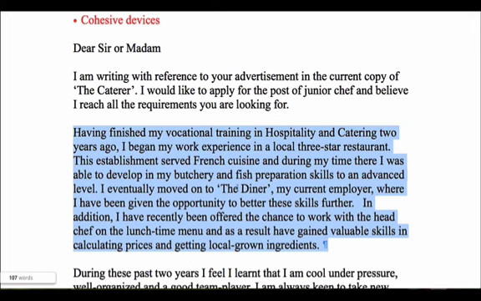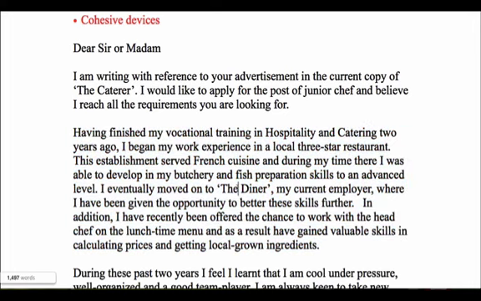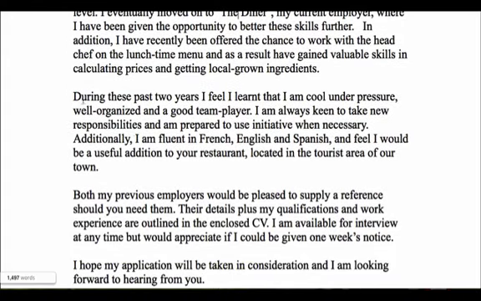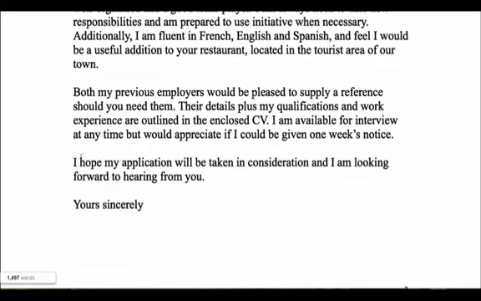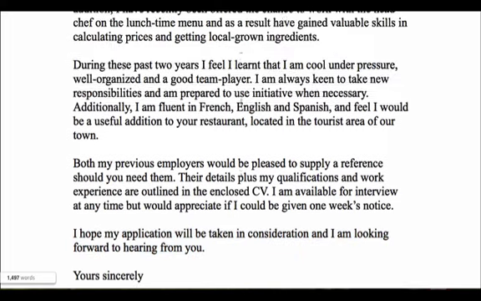The second paragraph deals with their skills, their experience, their qualifications. The third one looks at their personal qualities. And the fourth paragraph, supplementary information, as we saw earlier, dealing with their CV, the issue of references, and their availability for interview. And then the final paragraph is a nice closing comment. So in terms of paragraphing, this is a very good piece of work.